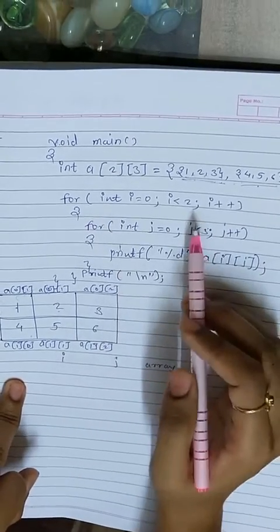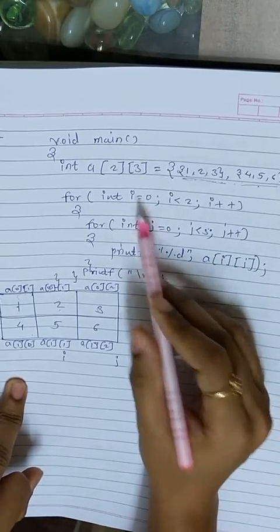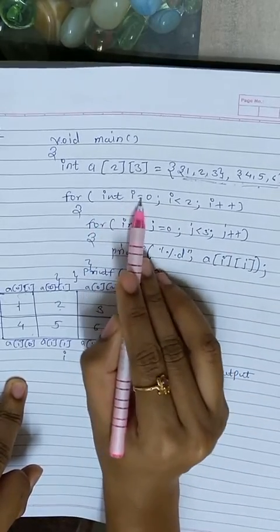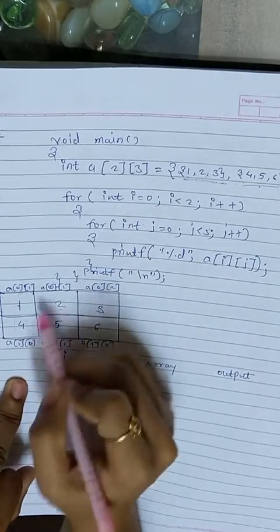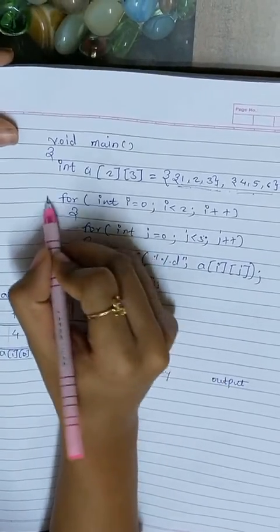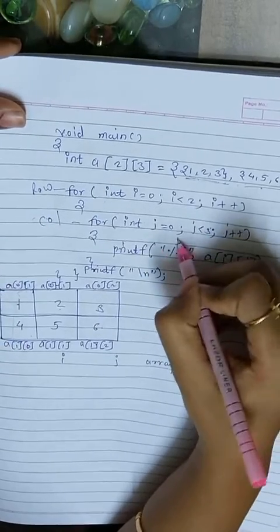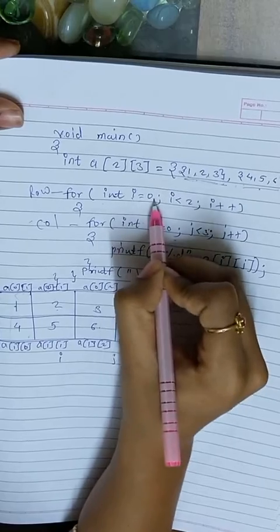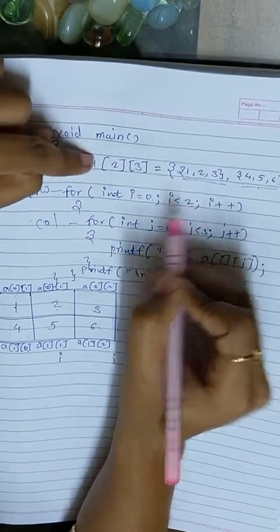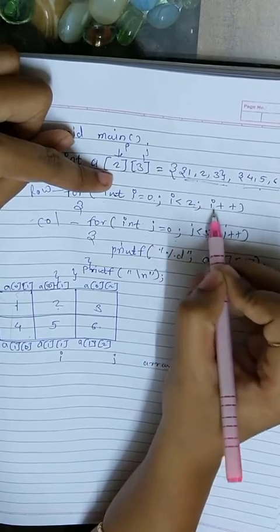For a single array we use a single for loop. For a multi-dimensional array we use 2 for loops, one for row values and a second for column values. So integer i is equal to 0. Since a row is distributed in columns, the outer loop will always stand for the row, and the inner loop is for the column. Integer i is equal to 0, because arrays start with 0, then i is less than 2, where 2 is the row size, semicolon, i plus plus.